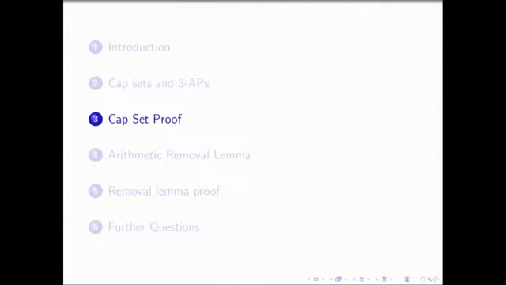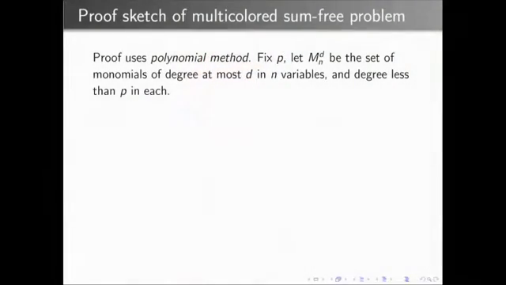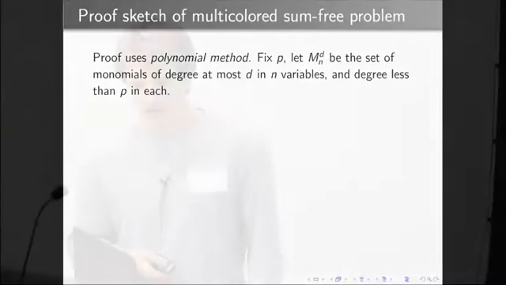Okay, so the proof of the Capset problem is actually rather short and nice, so I'd like to present an overview of that proof. It's a very nice algebraic proof that uses the polynomial method. So fix a prime p, and then we look at polynomials.